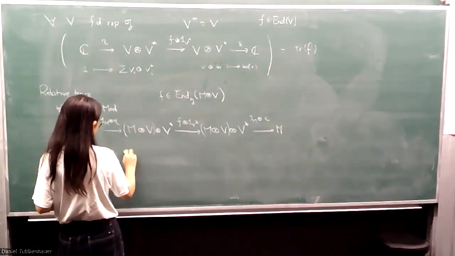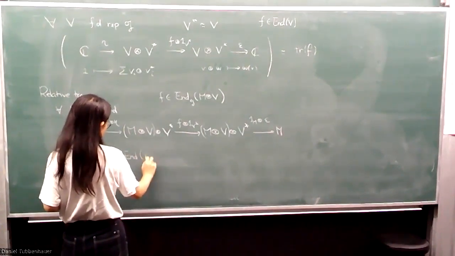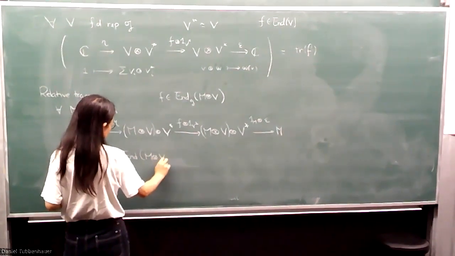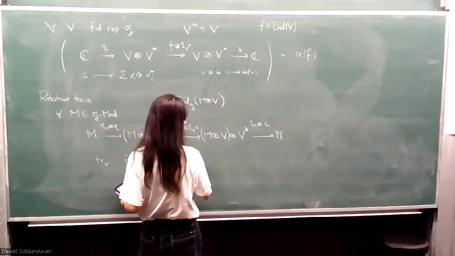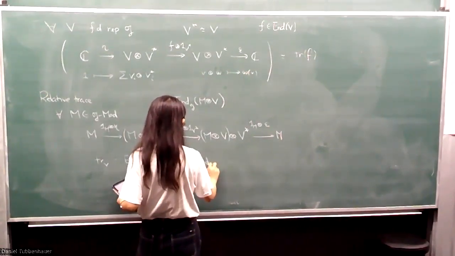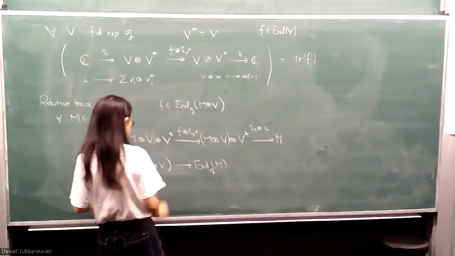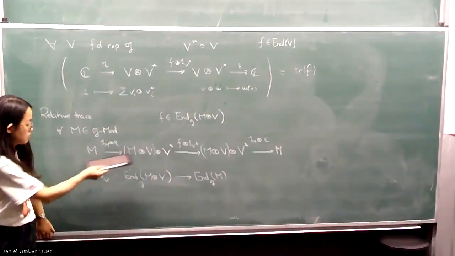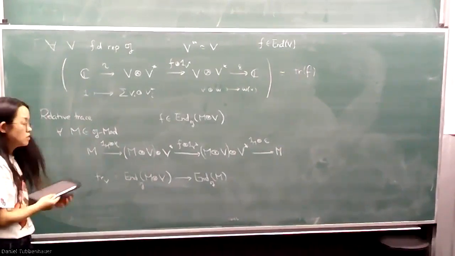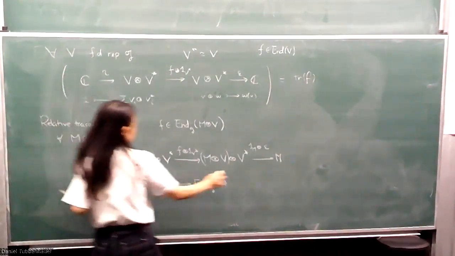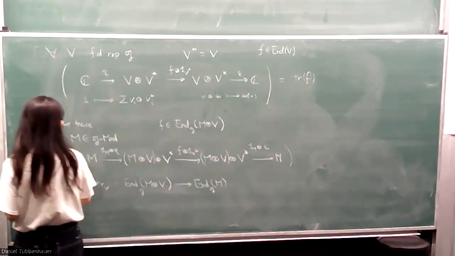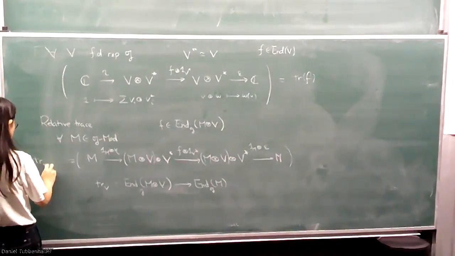It's a map from the endomorphisms of M tensor B to the endomorphisms of M, defined in this way. So this is equal to the relative trace.